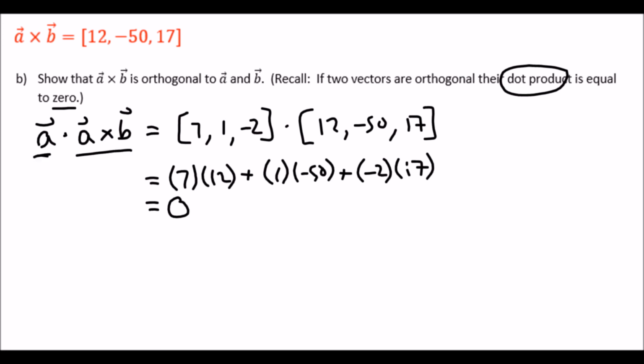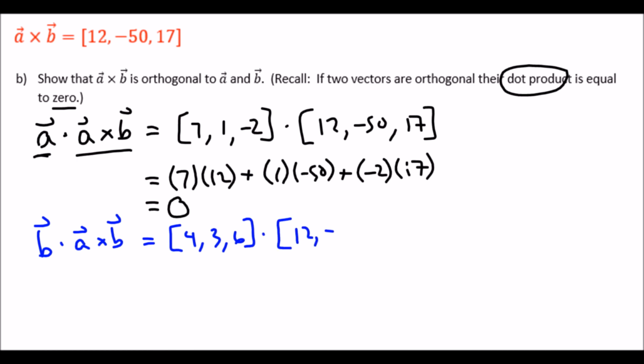Now let's do the other one. So now I'm going to do B dotted with A cross B. So here, vector B is actually equal to 4, 3, 6. So I'm going to have 4, 3, 6, dotted with 12, negative 50, 17.